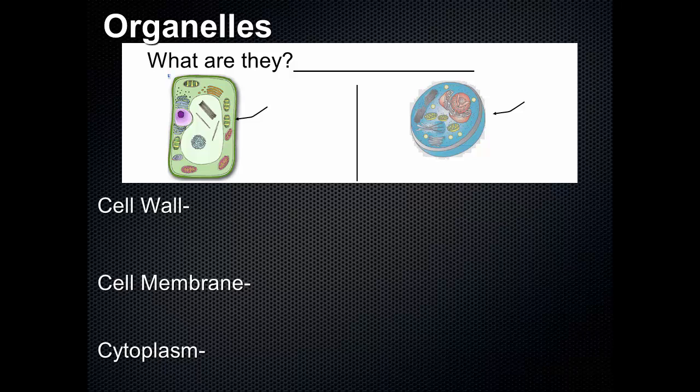So we'll talk about these cell organelles, but again, they're just parts within a cell. And we'll talk about what they look like, how you identify them, what their job is.